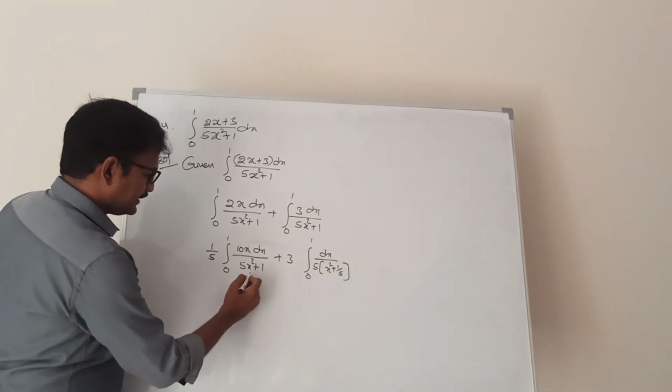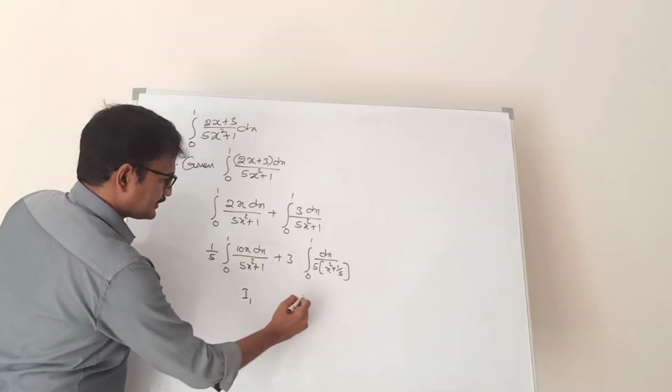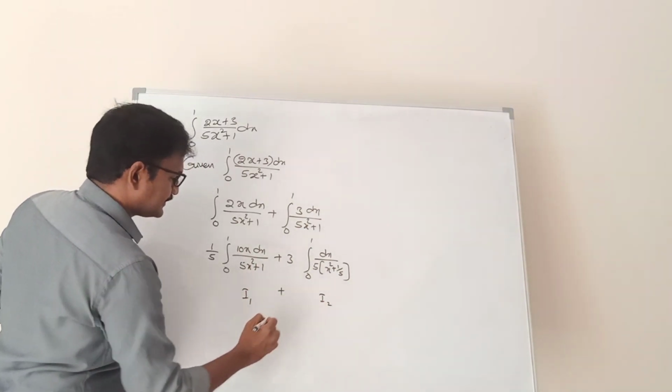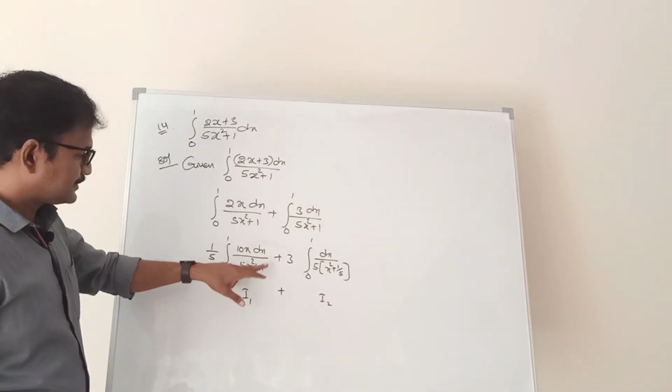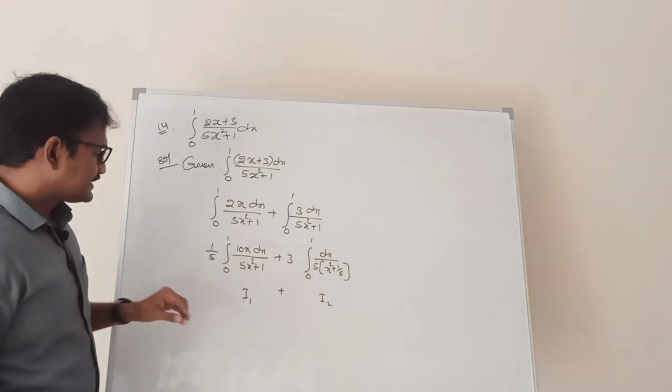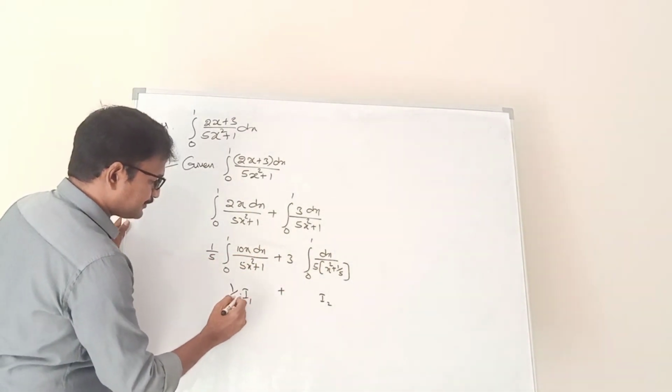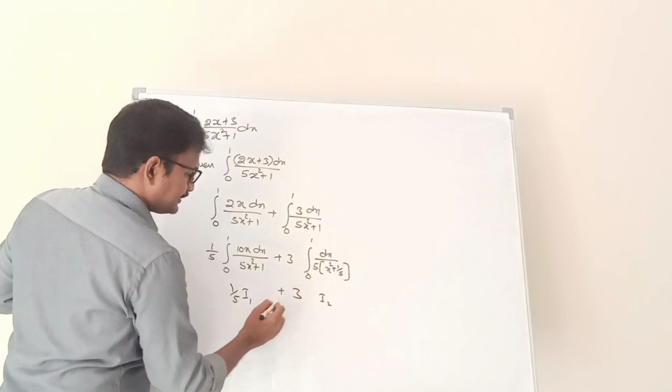So this is I1 and this is I2. There are two integrations. First part is I1, second part is I2. 1 by 5 into I1, here 3 into I2.